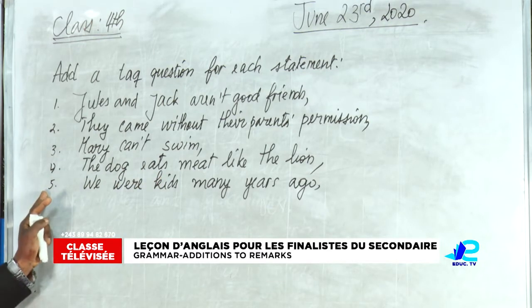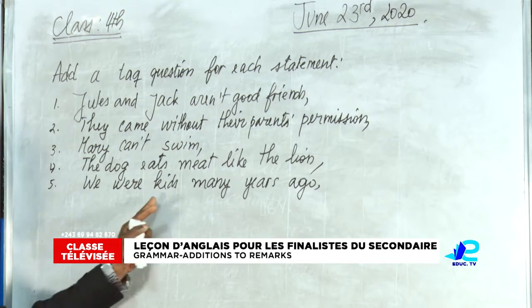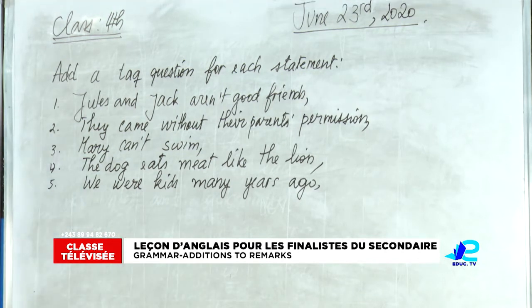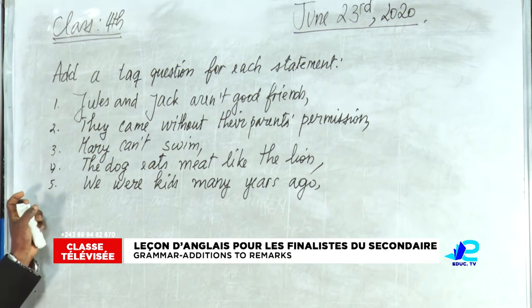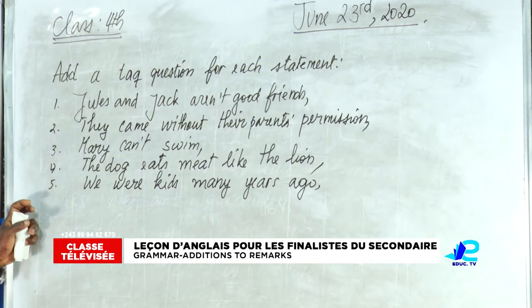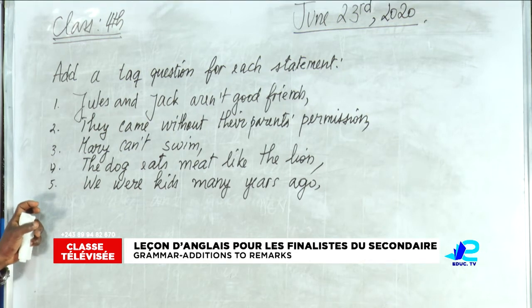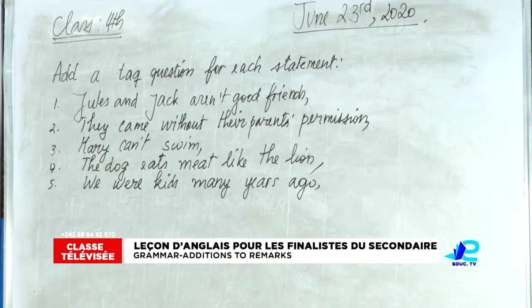And the last, number 5: we were kids many years ago. All right. Remember that when I told you yesterday, you have to pay attention because sentences can be affirmative or negative. That is the first thing. The second was that when you are adding a tag question, you have to know that in the sentence you can have an auxiliary verb or an ordinary verb without the auxiliary verb.